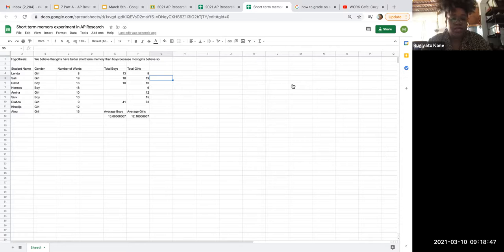We could have asked one group to just look at the words and tell us what the answer was. A second category of students, we could have asked them if they believe that they have really good short-term memory, and then ask them to look at the words and then see what the results are, and to compare with the control group that wasn't asked a question versus a treatment group that was asked a question.